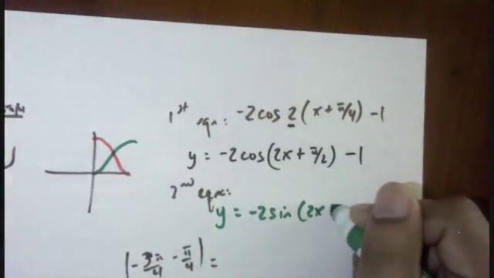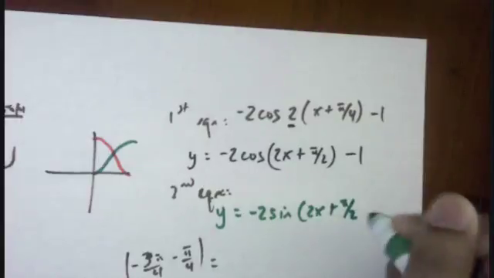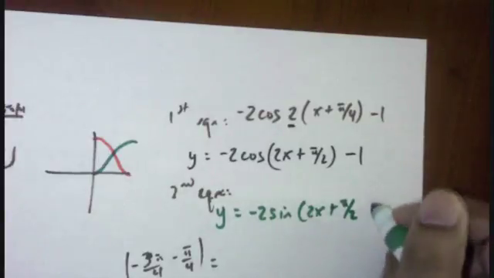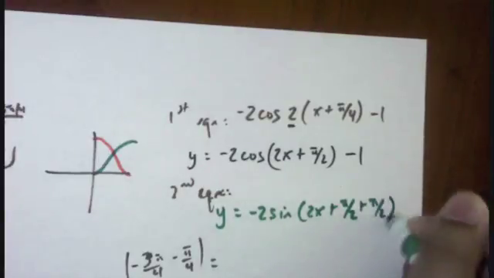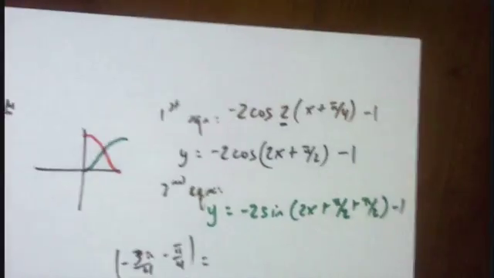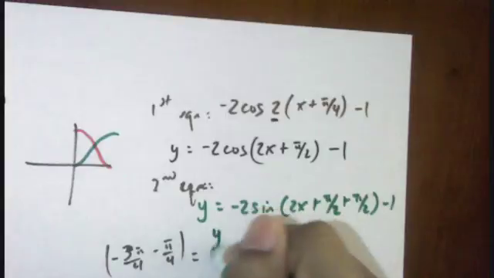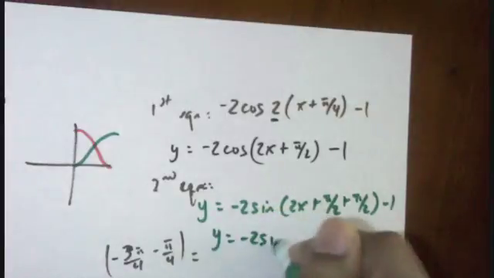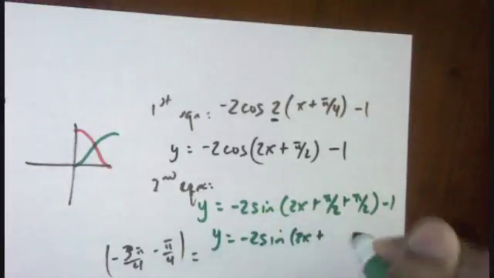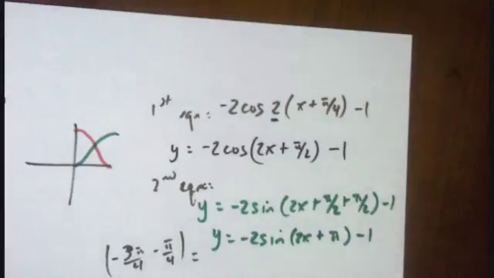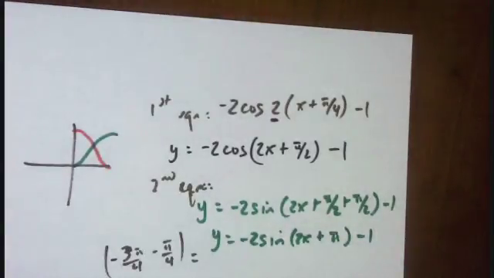So it's going to be the same plus pi over 2, and then another plus pi over 2 minus 1. And this one is actually pretty easy to clean up, so we'll do y is equal to negative 2 sine of 2x plus pi minus 1, and that should give me the same answer.